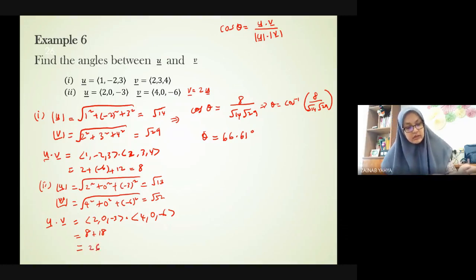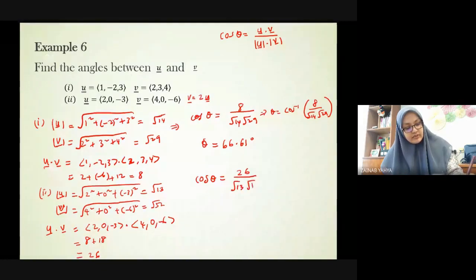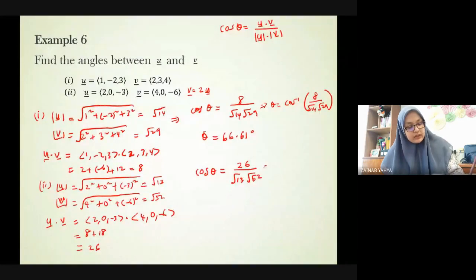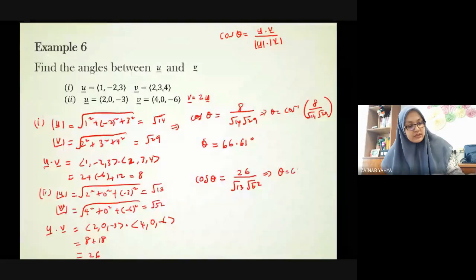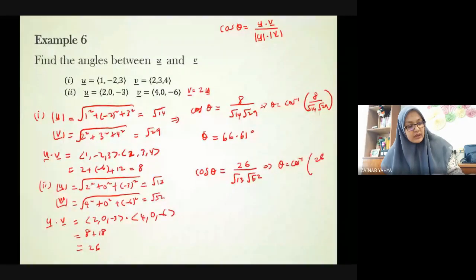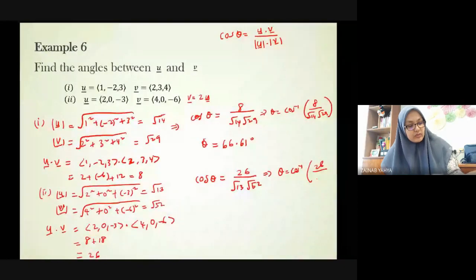So cos theta equals 26 divided by square root 13 times square root 52. So your theta will be cos inverse of 26 divided by square root 13 times square root 52.